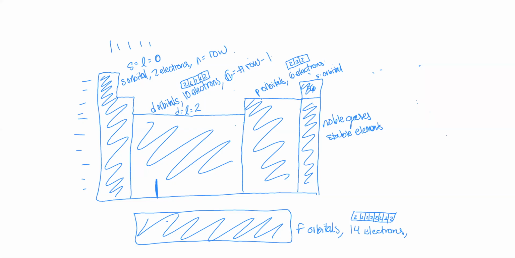So let's just say, for example, we're working with lithium and we want to know what the electron configuration for lithium is. What we do is count. We know that hydrogen, in this element, is going to be an s orbital.